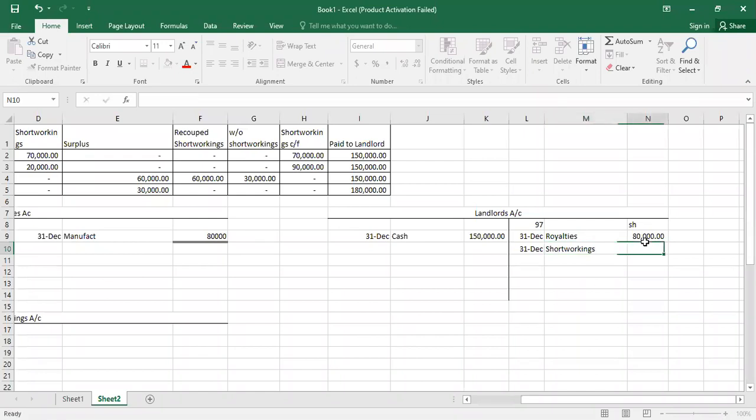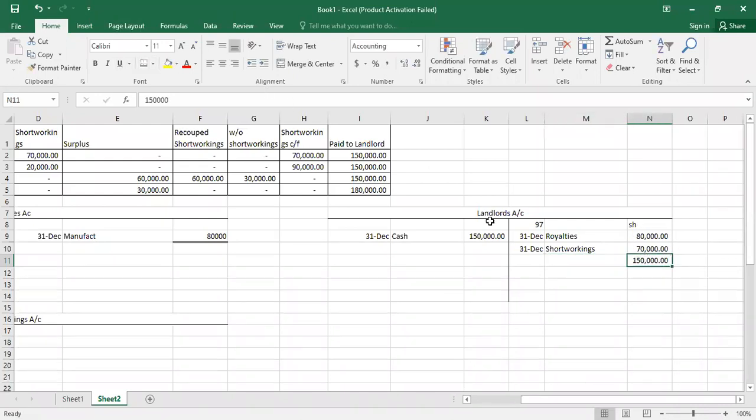So the difference will be 70,000, so that we close the book at 150. So I'm closing the book with the short workings account by debiting the short working account and crediting my landlord's account.